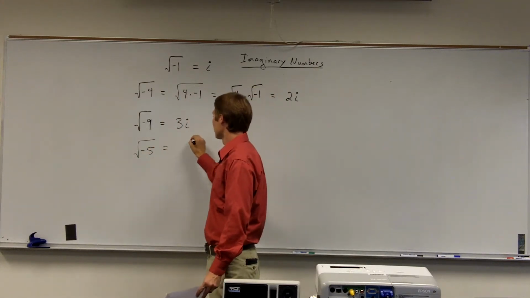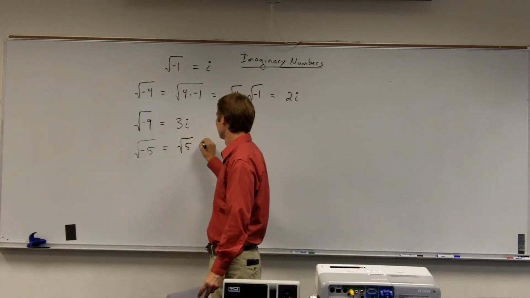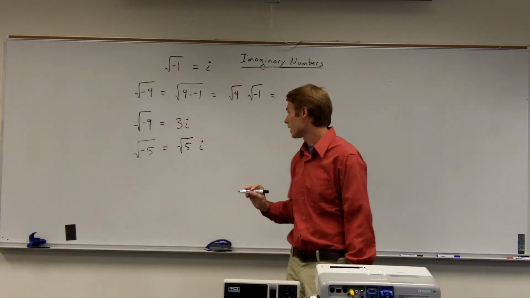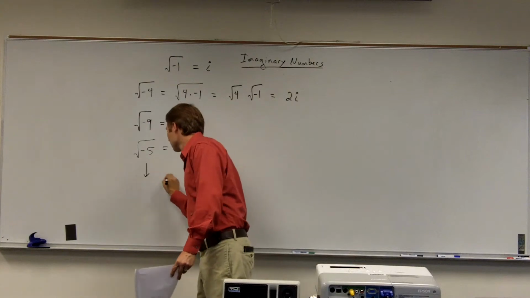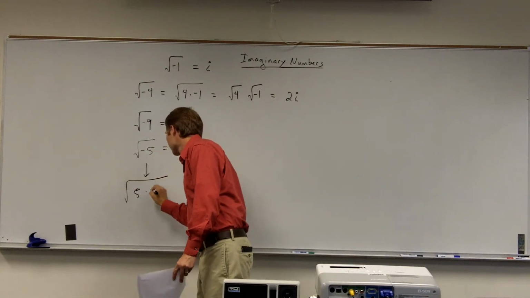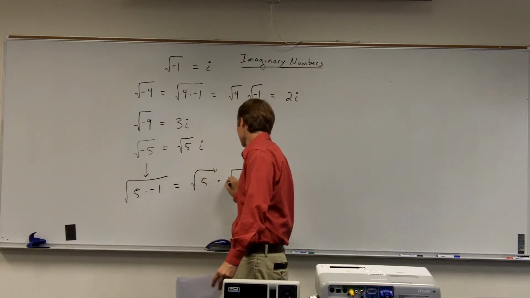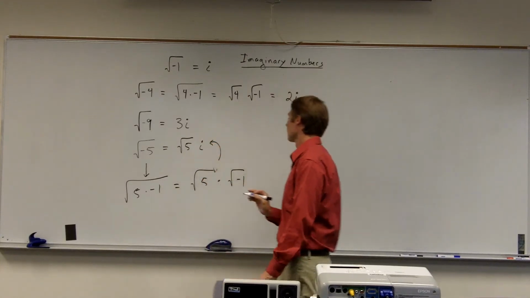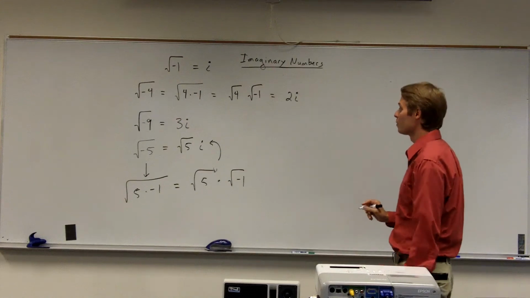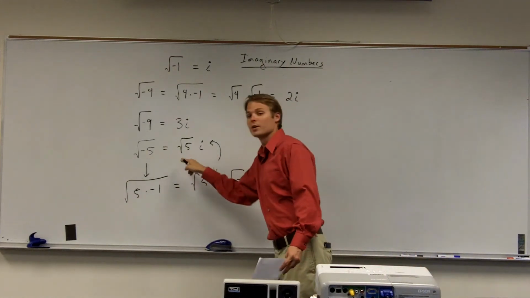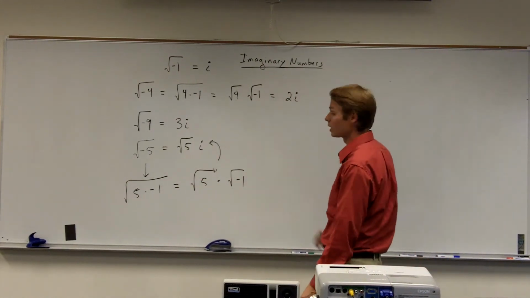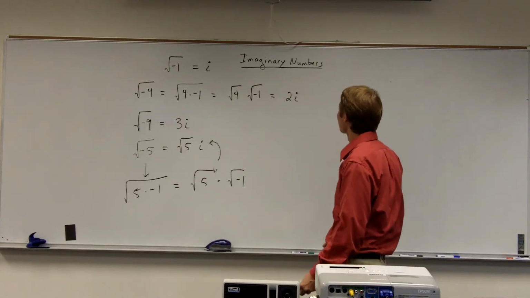I could just rewrite this as the square root of 5 times i. So I'm pulling out that 5 times -1, and then I can split that up into the square root of 5 times the square root of -1 and get to that square root of 5 i. Most people are pretty good at just jumping from here to here. But if you need to do the longer steps, of course, you can always do that.